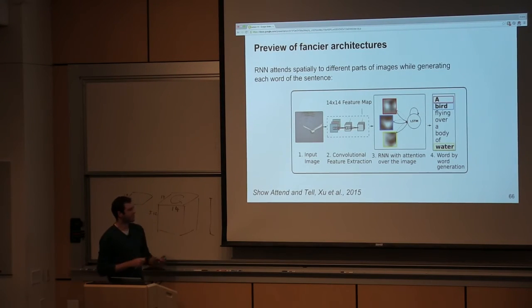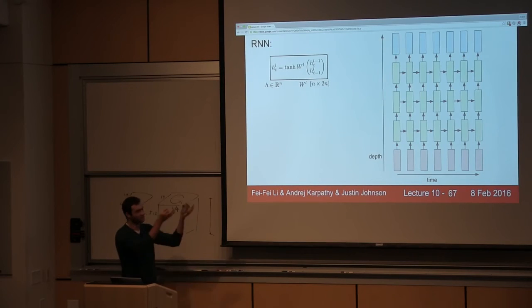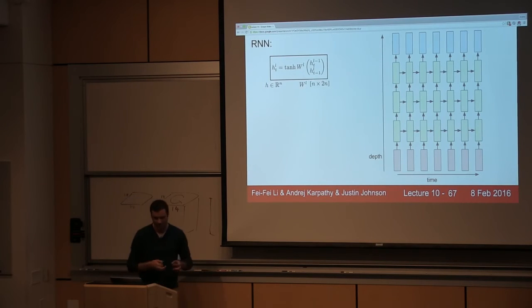Now, if we want to make RNNs more complex, one of the ways we can do that is to stack them up in layers. Deeper usually works better. One of the ways you can stack recurrent neural networks, and there are many ways, but this is one that people use in practice, is you can straight up just plug RNNs into each other. So the input for one RNN is the hidden state vector of the previous RNN.